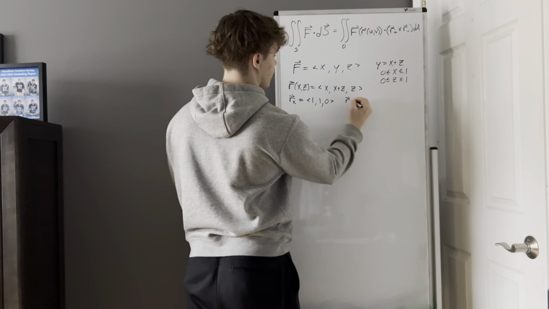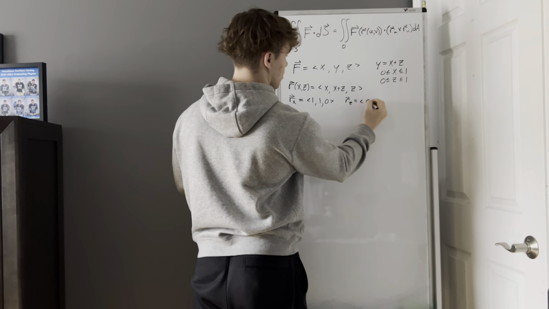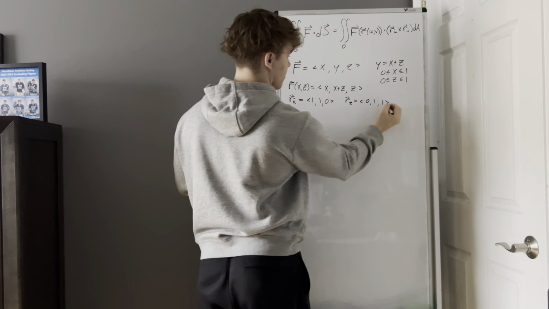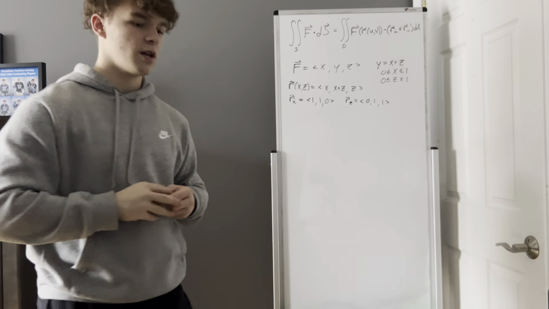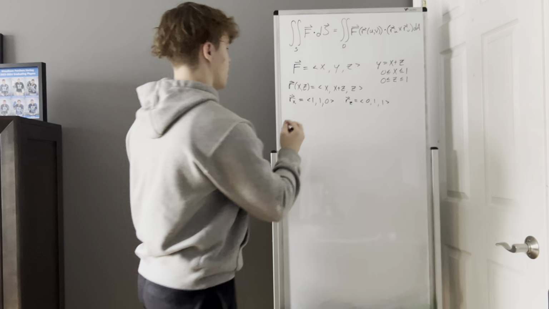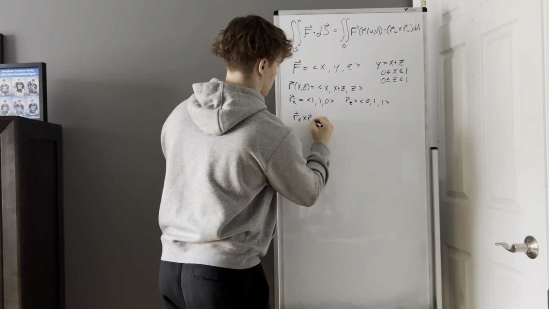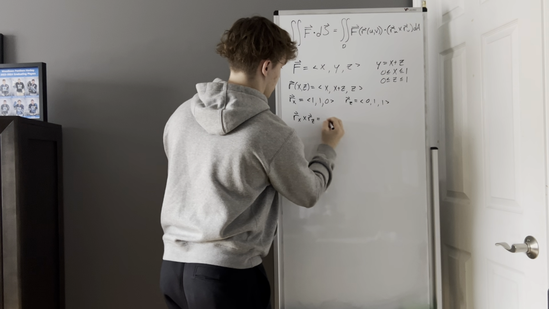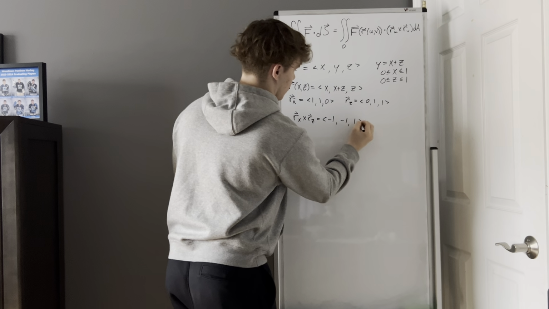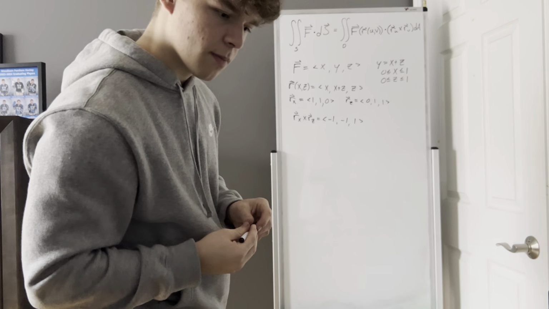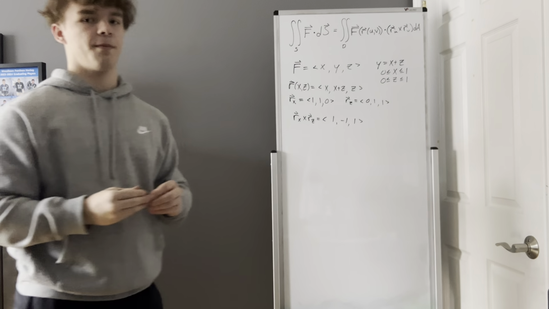And the partial derivative of r with respect to z is going to be 0, 1, 1. You could calculate the cross product of these, but I will just give you the answer. I believe it is -1, -1, 1. Nope, 1, -1, 1.